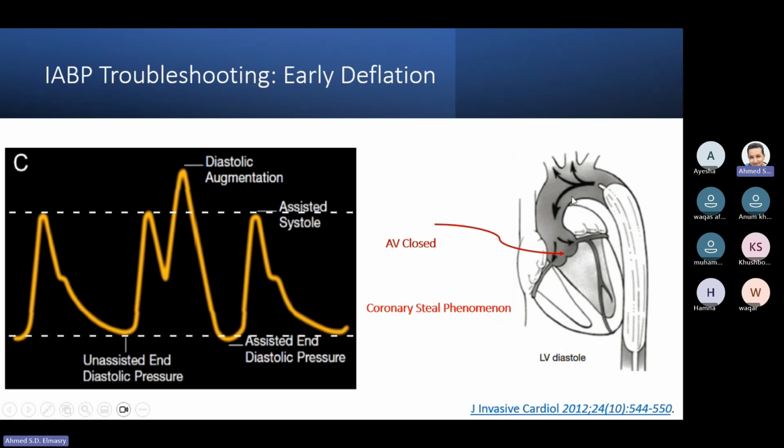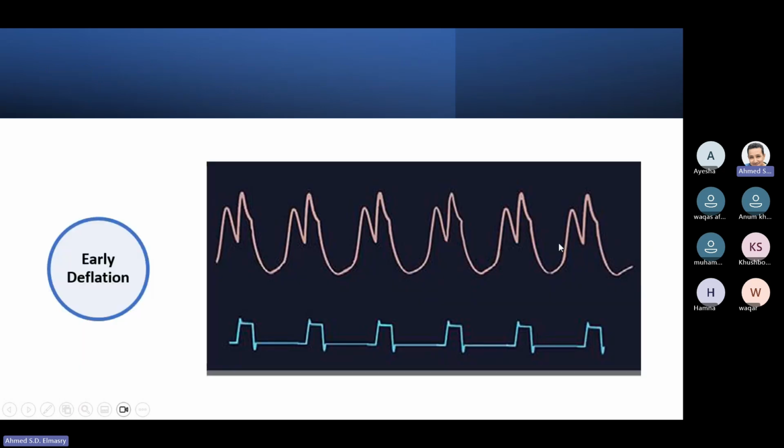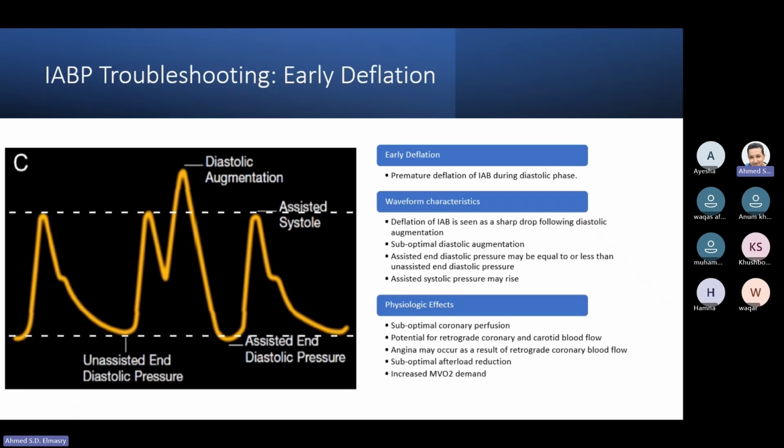So the blood, instead of going in this direction, will go in the other direction, which is called retrograde flow of the coronary, or the coronary steal phenomenon, where instead of going to the coronaries in order to perfuse the heart, the blood will go back from the coronaries to the aorta during the diastole, and this will lead to coronary ischemia or angina, chest pain to the patient.